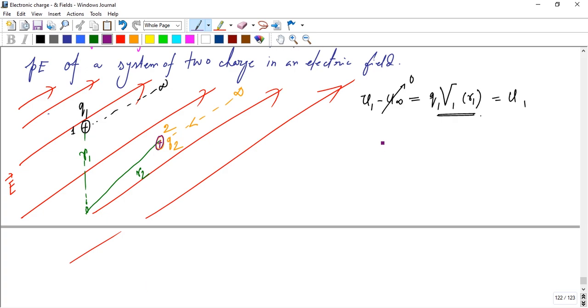So there is work done by the field, U2, from infinity to point 2. The change in energy is equal to the work done, that is Q2, now behaving as a test charge, times V2, the potential at point 2, that is R2, and the infinity is 0. That is equal to U2, by the field.